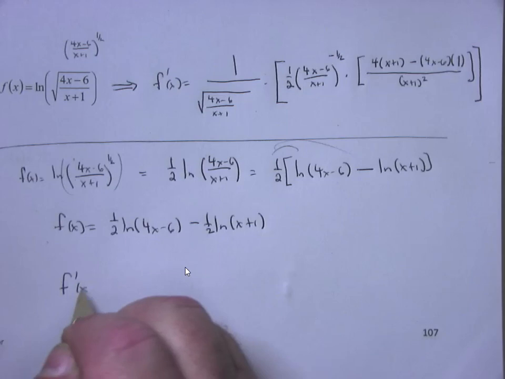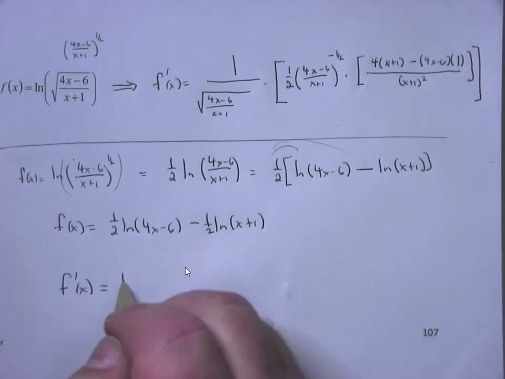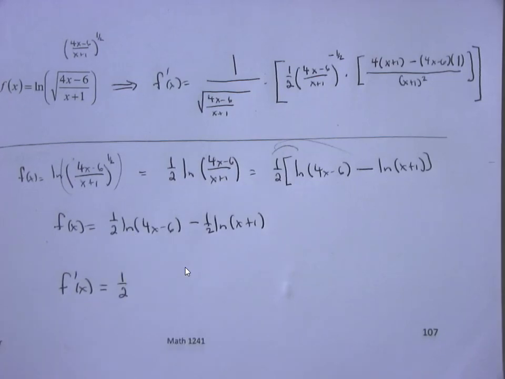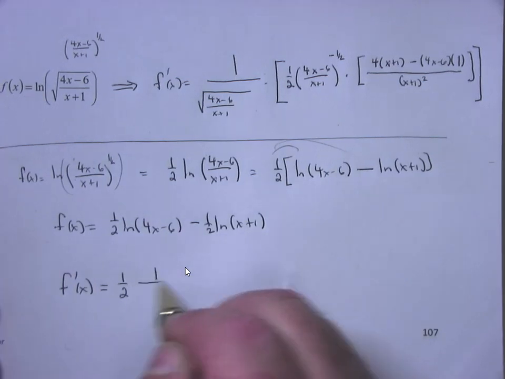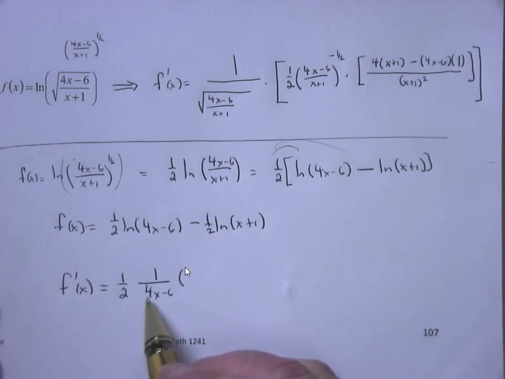Now, take the derivative. 1/2 is a constant. It holds over. We're taking the natural log of a function. The derivative that I'm trying to drum into your head is: the derivative of the natural log of a function is 1 over the function times the derivative of the function. So this would be times 1 over 4x minus 6 times the derivative of that function, 4x minus 6.